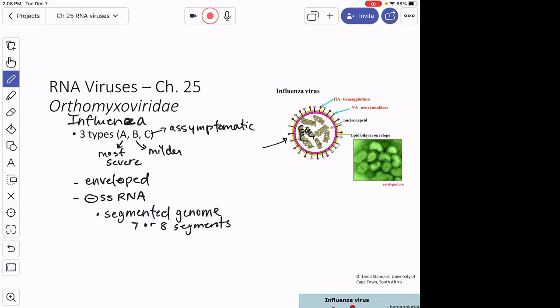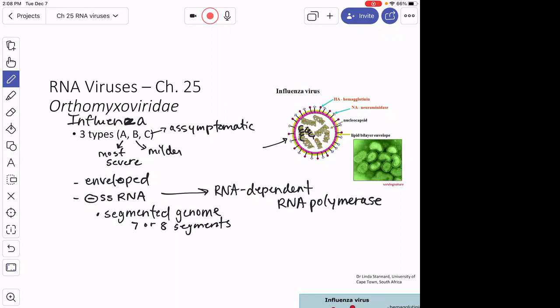So one hallmark of RNA viruses is that they have a lot of mutations. So they have to use an enzyme. Any RNA virus has to be able to produce its own enzyme, an RNA-dependent RNA polymerase, because we never make RNA from RNA in our bodies, right?